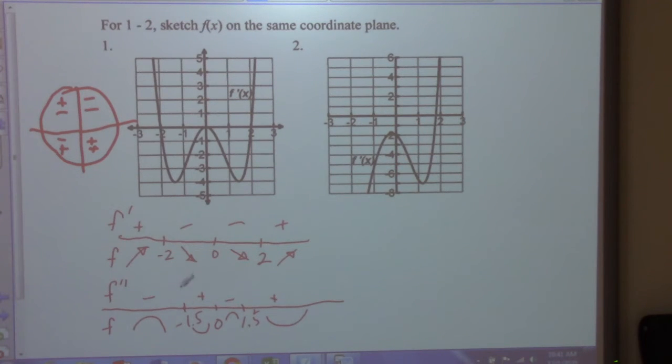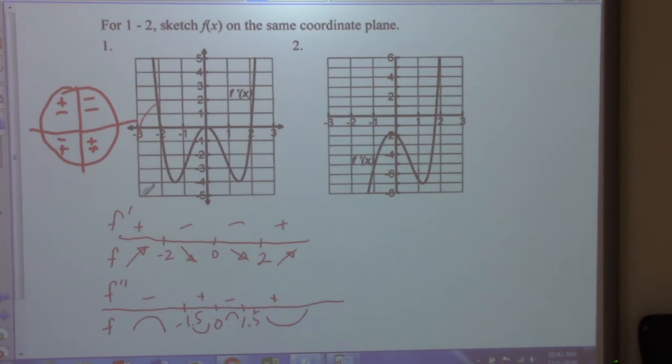And so between negative infinity and negative 2, what do we have? Positive and negative. Which piece is positive over negative? The top left. So we know that the thing is going up until negative 2, is that right? So the thing is going something like this.